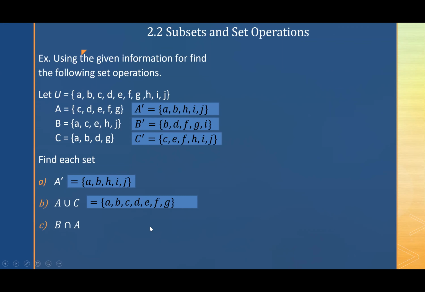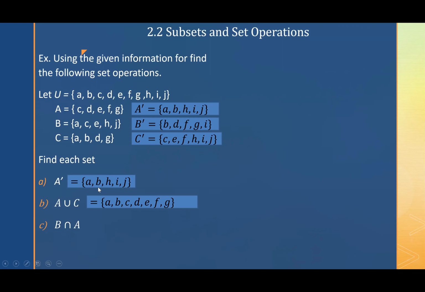And similarly, what about this thing here? What about B union A? Sorry, not union, B intersection A. B intersection A basically asks you, what do B and A have in common?